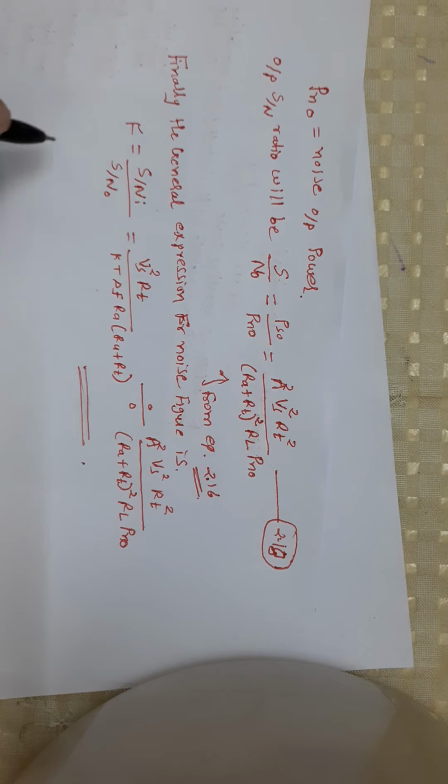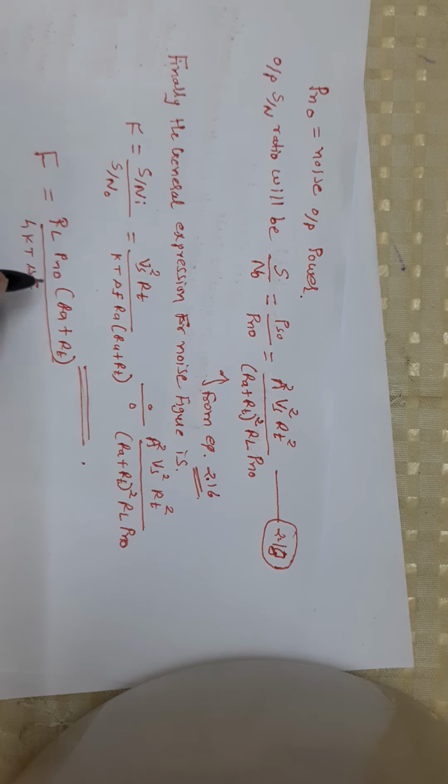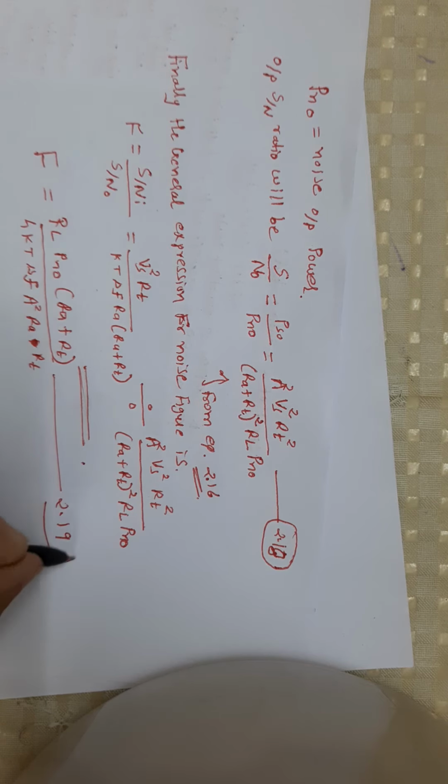To simplify this, we can get F is equal to RA PNO into RA plus RT divided by 4 kT delta F A square RT plus RA into RT. And this is our final equation 2.19.